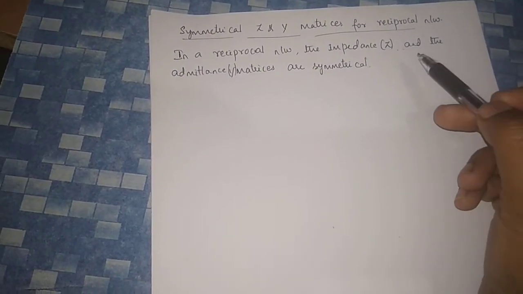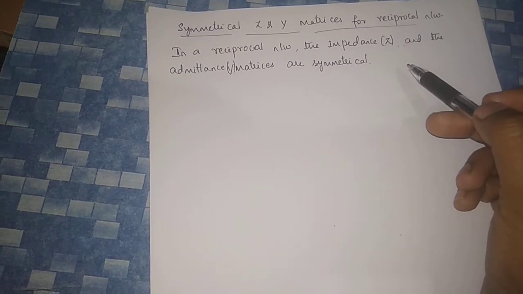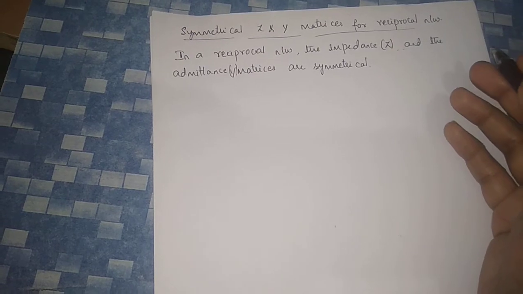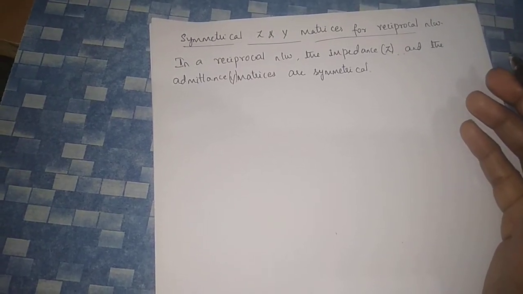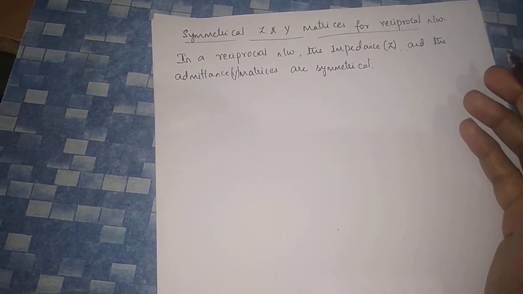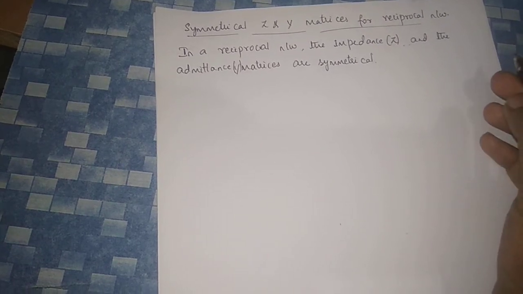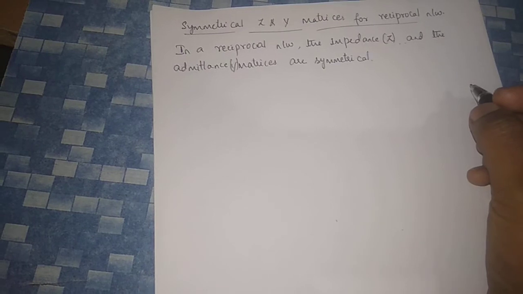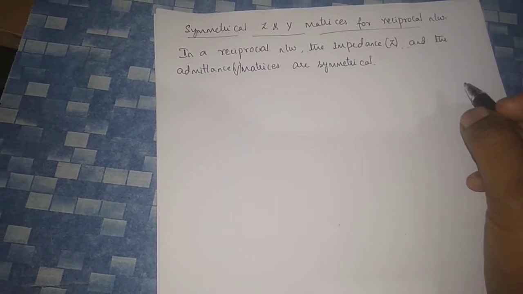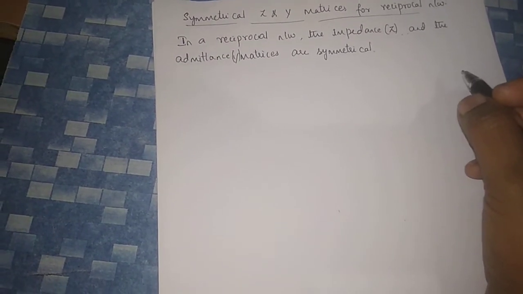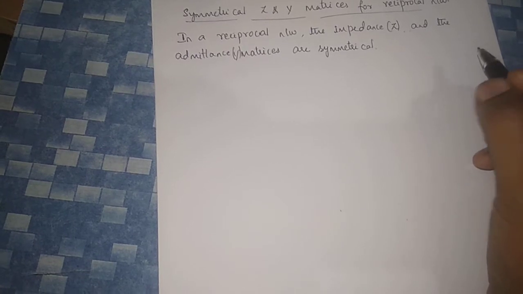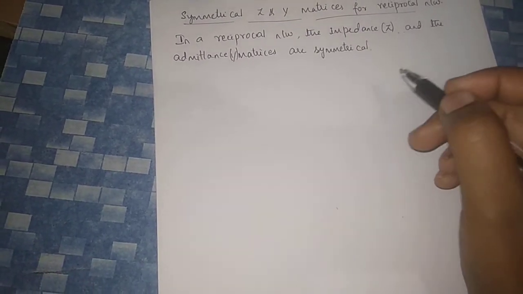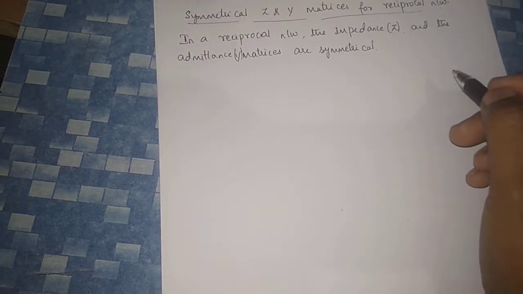So we had come up with special parameters which are described for microwave networks, that are called S parameters, or they are also called scattering parameters. These S parameters deal with the amplitude of the incident wave and the amplitude of the reflected wave.